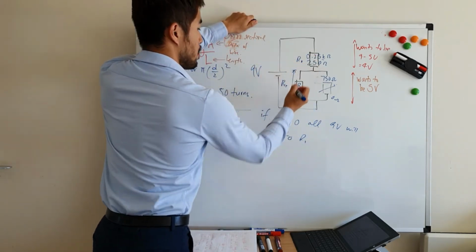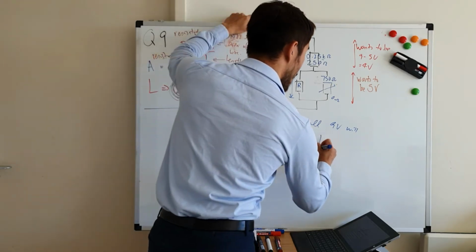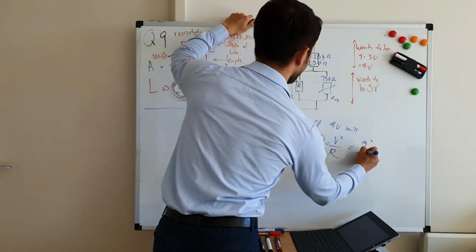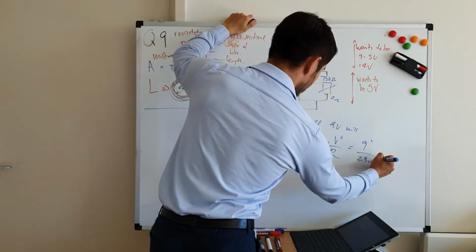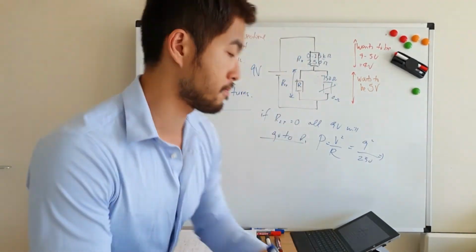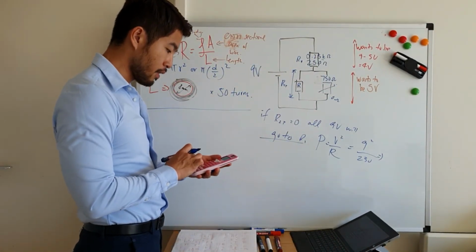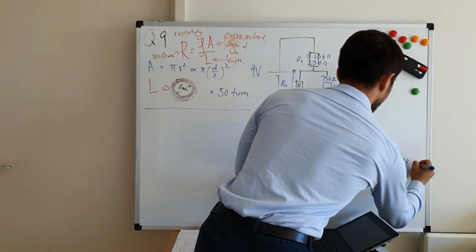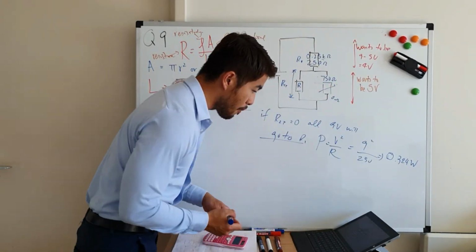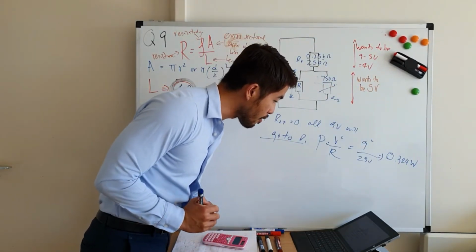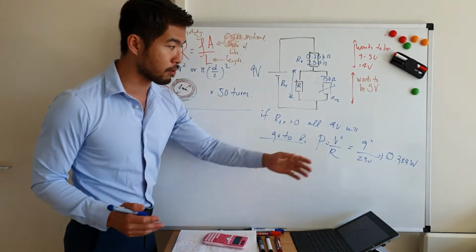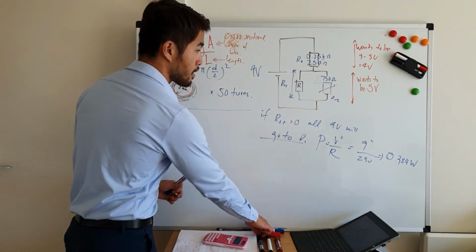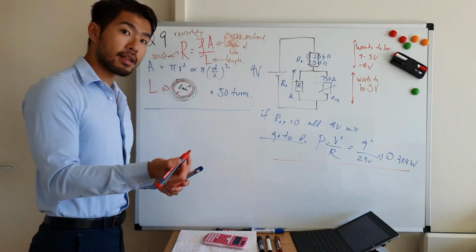So the power rating, power equals V squared over R. 9 squared over 250 is going to give us 0.324 watts, and that is our power. Our power rating is 0.36 watts, so that is very, very similar to the power rating. But there's also another answer for this that is acceptable as well.